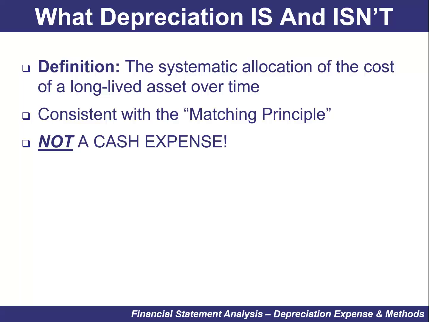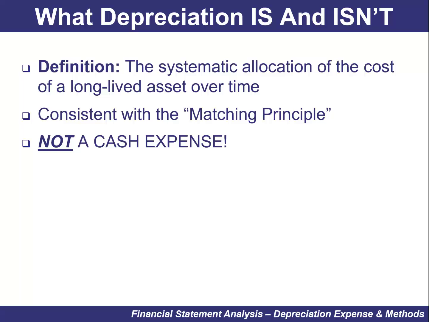And because of that, depreciation is not a cash expense. You have the cash outlay, in this case for that production line, in the period in which you purchase the asset. But even though you have the cash outlay in that period, you're not recognizing all of the expense associated with that asset. In subsequent years, then you're going to allocate that expense bit by bit.